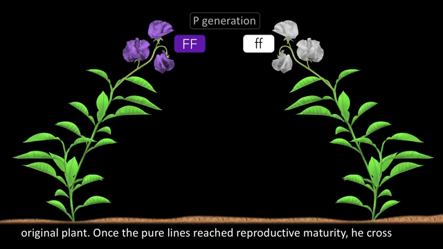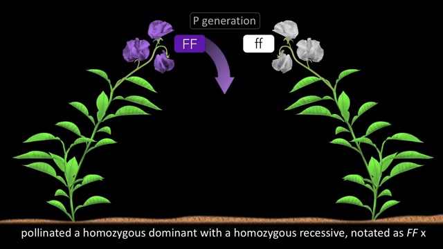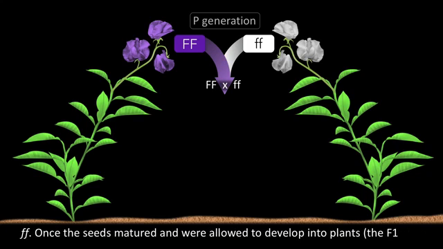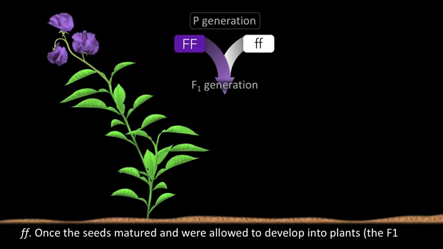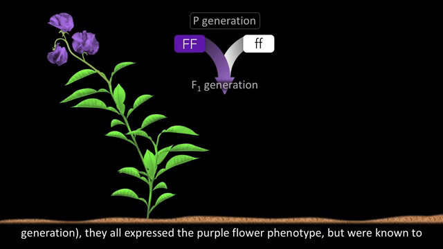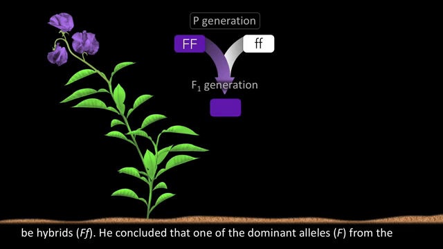Once the pure lines reached reproductive maturity, he cross-pollinated a homozygous dominant with a homozygous recessive, notated as big F big F times little f little f. Once the seeds matured and were allowed to develop into plants, the F1 generation, they all expressed the purple flower phenotype, but were known to be hybrids, big F little f.